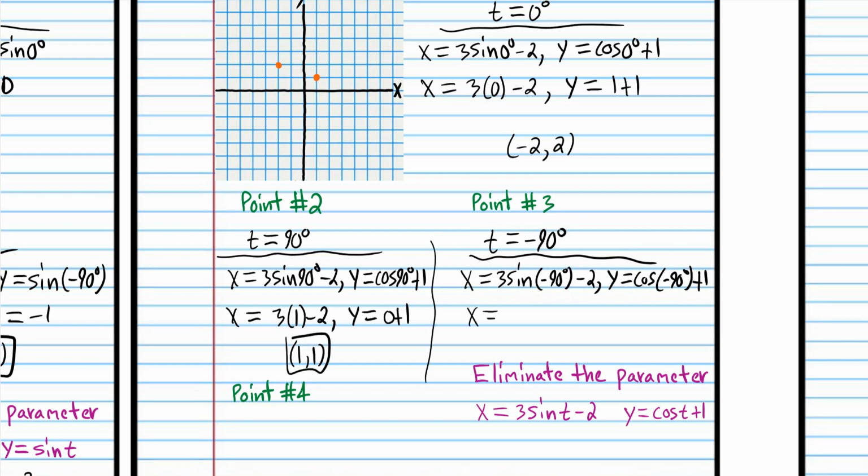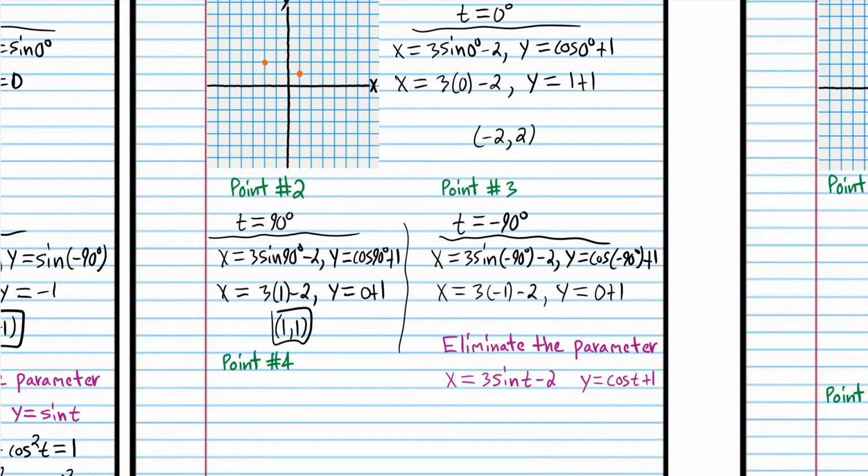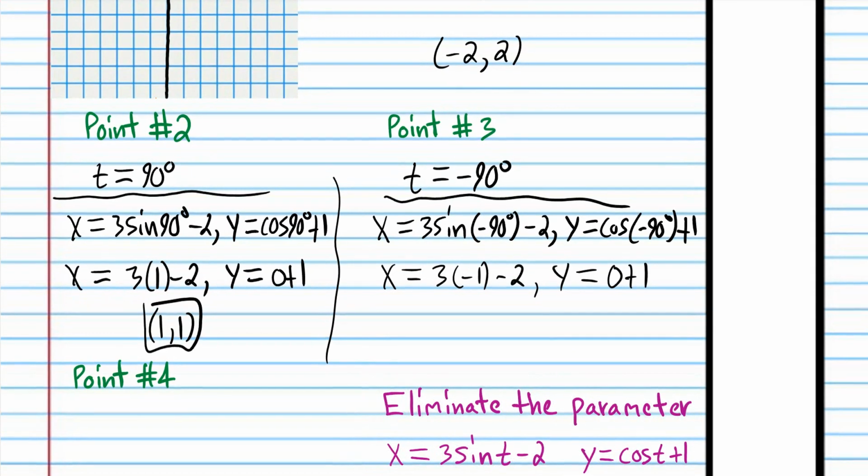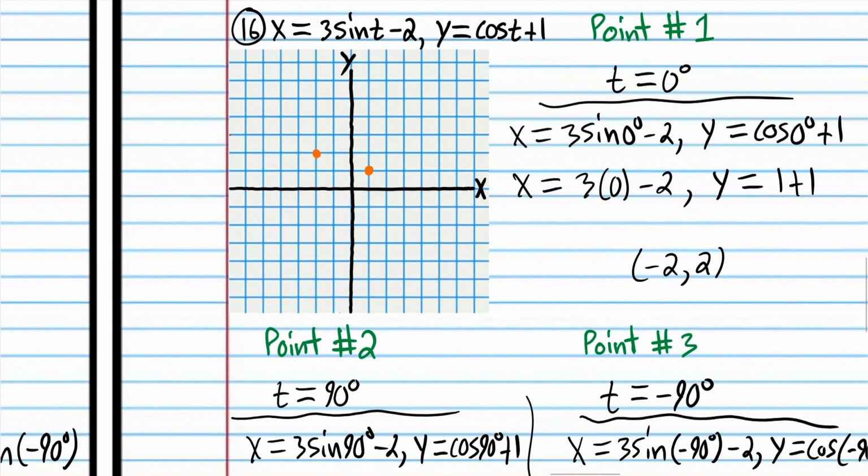And so x is equal to 3 times -1, if you look at your sine curve, and we have 0 plus 1 again. So x is -5 and y is 1. So -5, 1 would be about there.